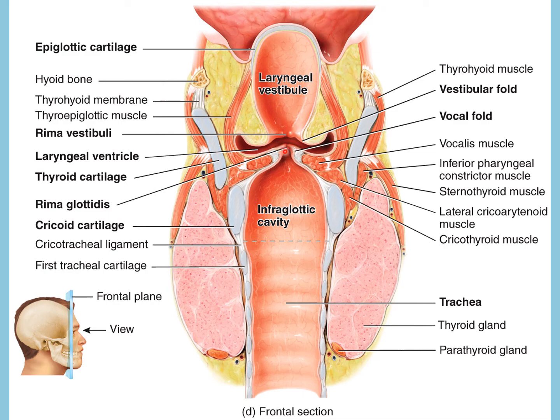You can see below the larynx is the trachea. To the left and right of the larynx, you can see they've captured some of the thyroid cartilage, and up above you can see a bit of the epiglottal cartilage.